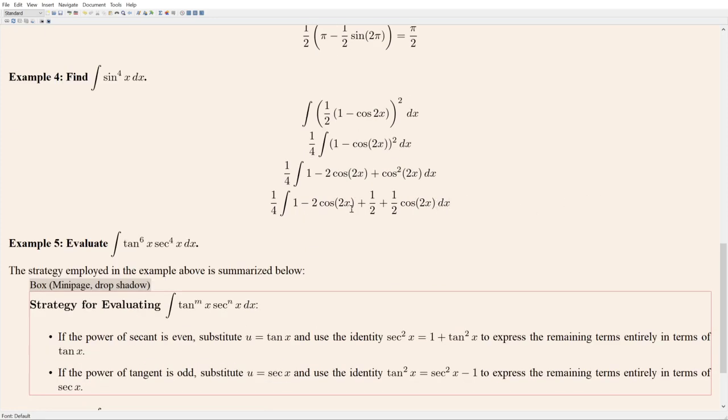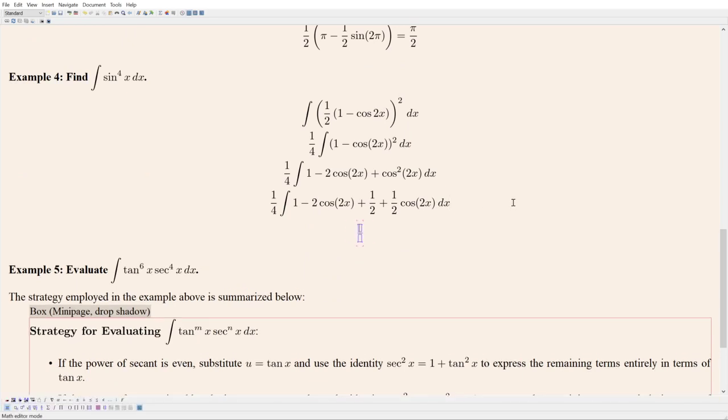Okay, now we can clean this up a little bit. Let's just combine like terms. So 1 plus 1/2 is 3/2. Minus 2 cosine 2x's plus 1/2 cosine 2x's. So what's minus 2 plus 1/2?